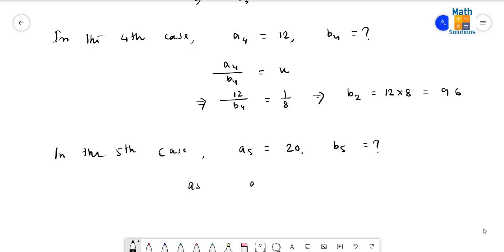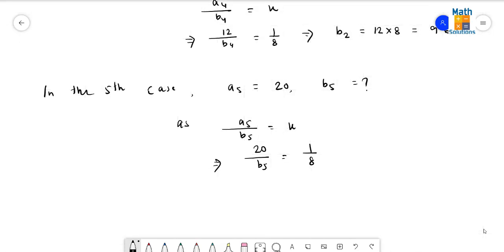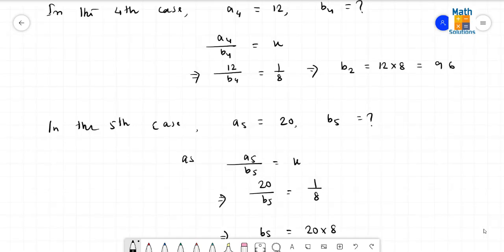As we have A5 by B5 is equal to K, that is, 20 by B5 is equal to 1 by 8. B5 will become 20 into 8. So B5 is 160.